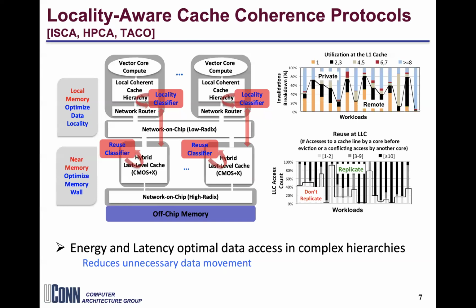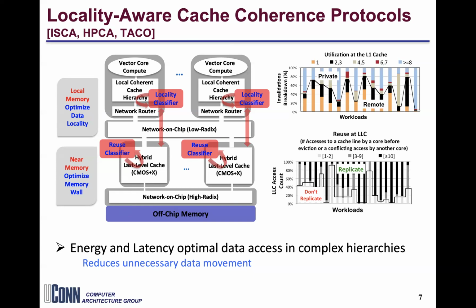Then there's another set of work that we did, this idea of locality-aware cache coherence protocols. Everybody here has seen cache coherence protocols, distributed cache coherence protocols. What we did was we built the idea of locality classification in hardware, where you are looking at the data, looking at how much it's being reused, and classifying it on the fly in the hardware, and then having hardware classifiers decide whether you want to cache that data, or bypass caching that data and go straight to the next level of the cache hierarchy and so on.